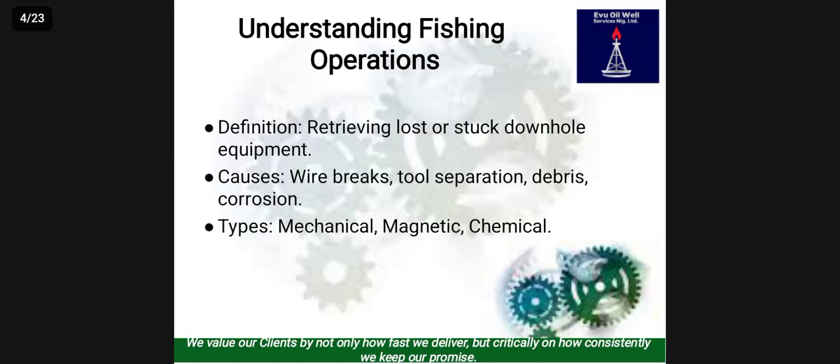Understanding fishing operations. Fishing means retrieving lost or stuck downhole equipment. And there are a lot of causes why you lose a tool in the hole. One of them: wire breaks, tool separation, corrosion, debris buildup.